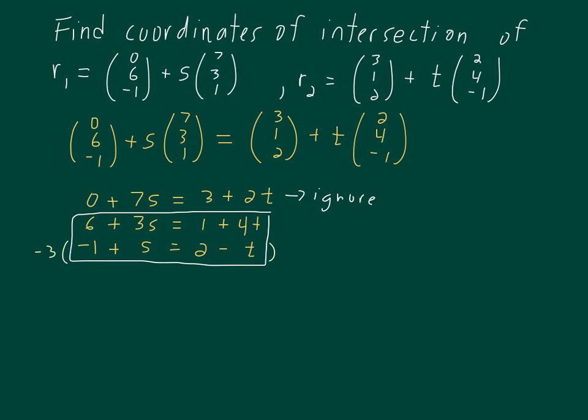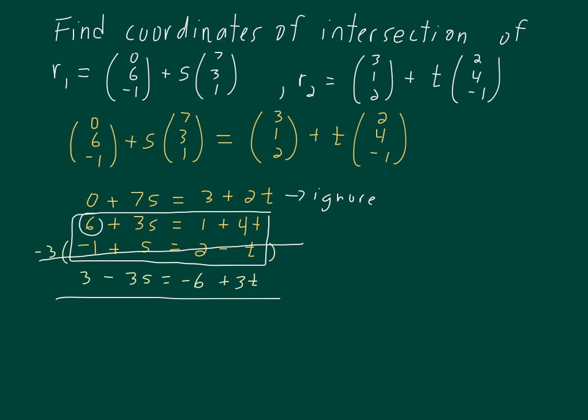So let's go ahead and distribute. We would have 3 minus 3s equals -6 plus 3t. Now from there, we're going to add these. I'm going to put a gentle line through that other equation so I don't look at it and I'm not tempted to add any of those numbers.